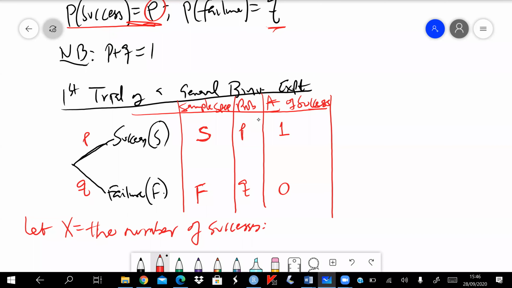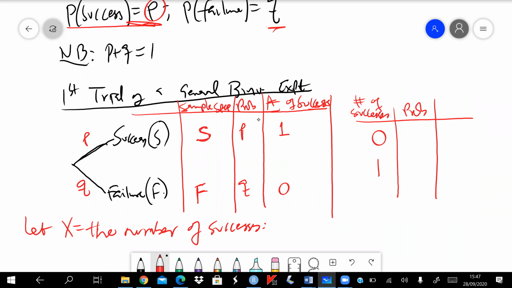Okay, so from there we can come up with a table. Let's create a table where this is our X, number of successes, which takes the values 0 or 1. Then we can have the probabilities.